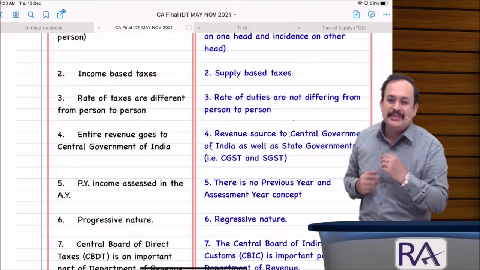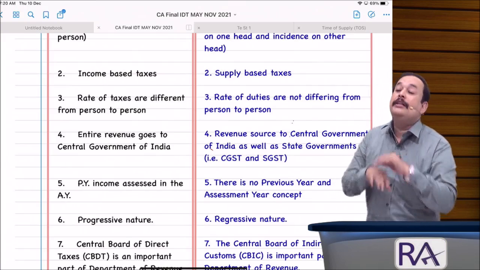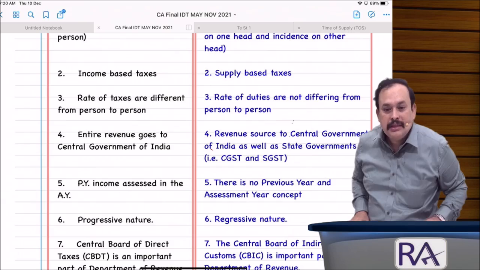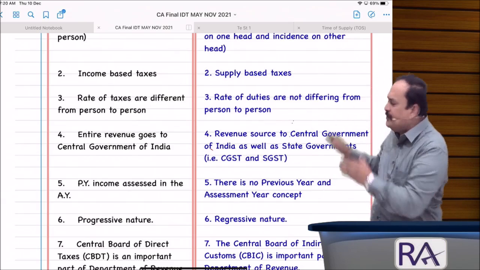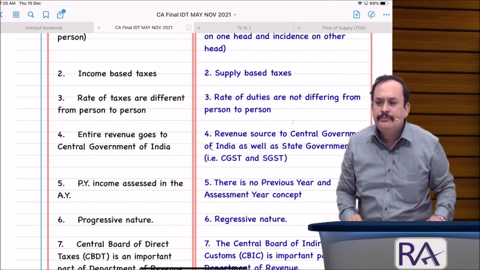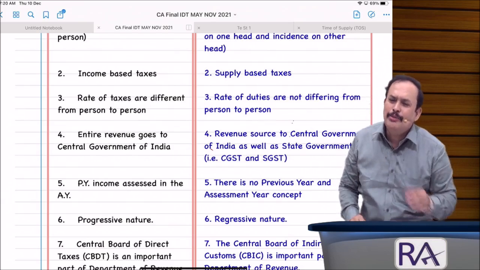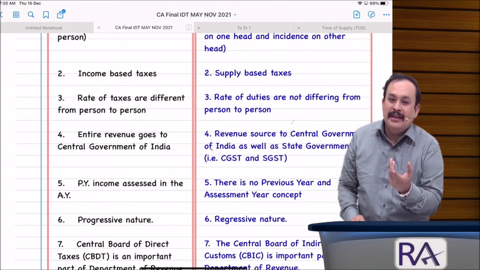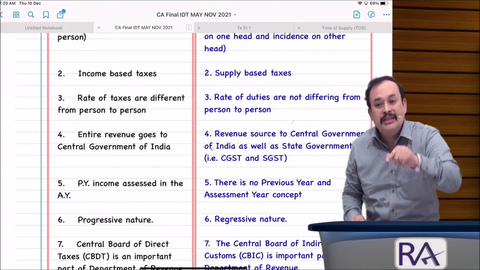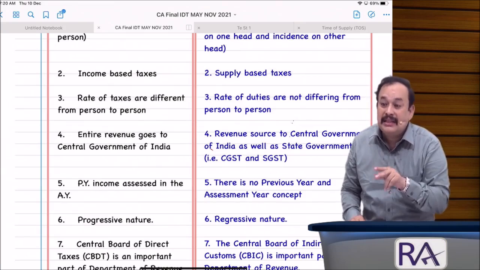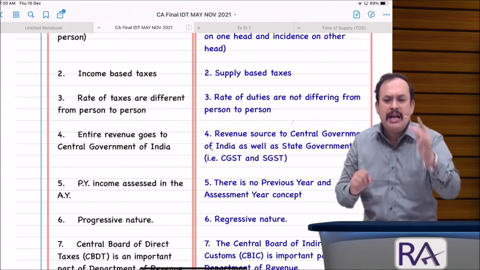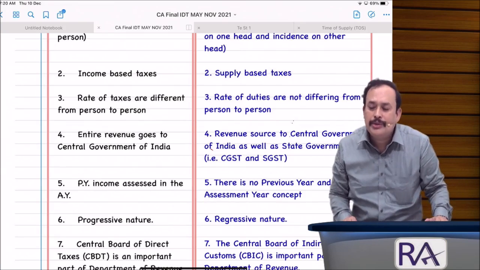Whereas in the case of indirect taxes, it is not so. In indirect taxes, the rate of tax is uniform. You may be a corporate giant or an ordinary person; as long as you are involved in transactions under indirect taxes, the rate of tax remains the same. How to understand this?